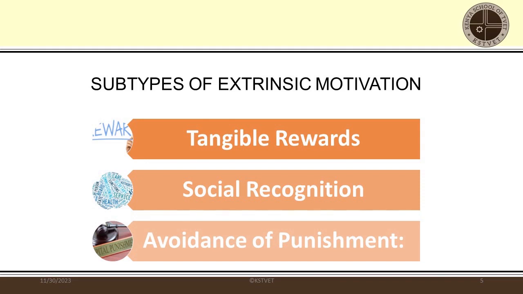Extrinsically motivated learners are usually pushed by what they will get from the external force or forces. Sometimes people are motivated because they fear what is going to come. You find yourself doing something so that you cannot get punished. There are so many subtypes, so when you get time, try to see if you can come up with more subtypes.